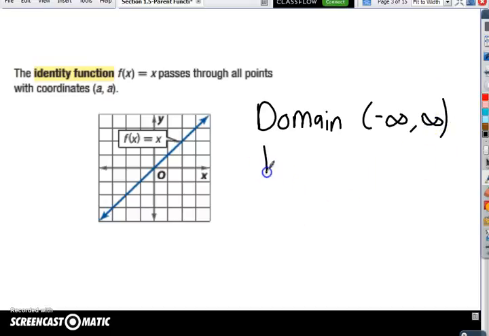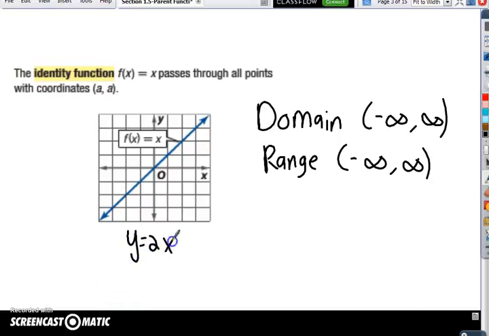And what's great now for my range is I also have negative infinity to infinity, because as you see, this graph goes in either direction. For example, being like y equals 2x. That's an identity function. Now, an example being here for my increasing or decreasing, well, it depends on what your slope is. Positive slope means increasing, negative slope means decreasing.